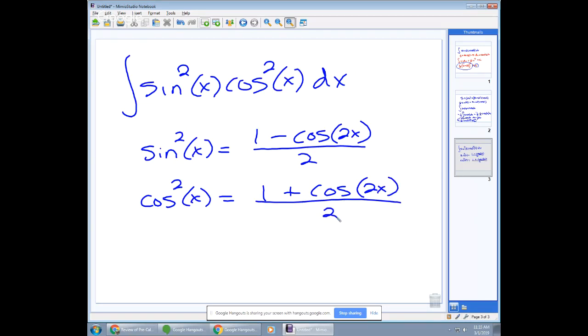Another identity would be like, cosine squared x would be 1 minus sine squared x. Also, we have the Pythagorean identity, cosine squared of x plus sine squared of x equals 1. So we could solve either one of those for the sine or the cosine.